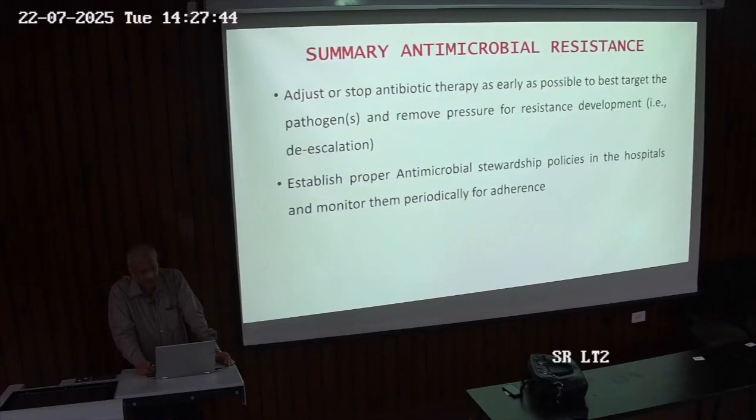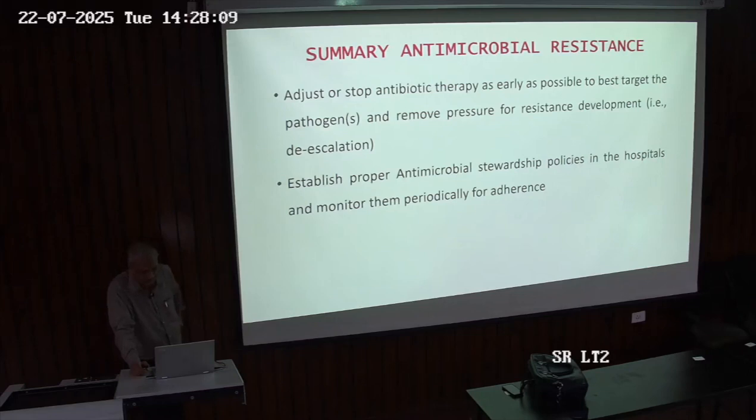So, coming back to the summary of antimicrobial resistance. So, what to do? Adjust or stop antibiotic therapy as early as possible to best target the pathogen and remove pressure for resistance development, which is known as de-escalation. From a higher generation antibiotic, go back to a lower generation antibiotic if required, and use it for the shortest possible time.